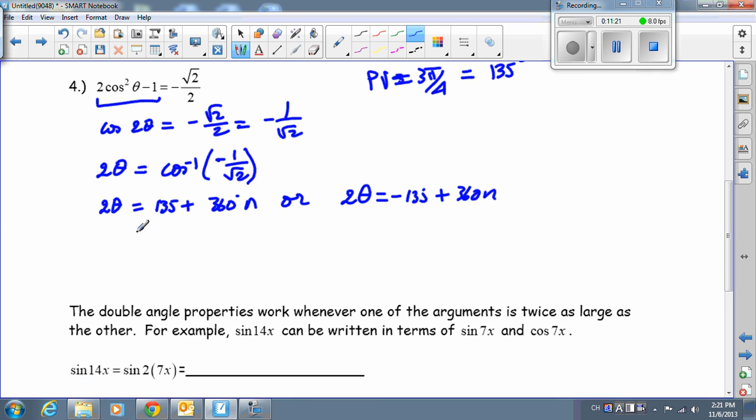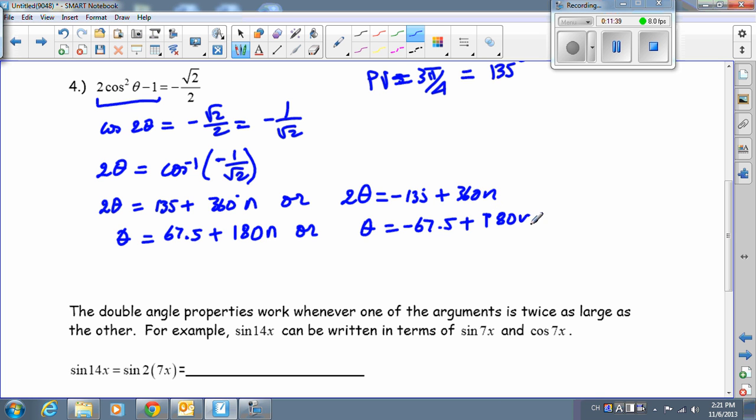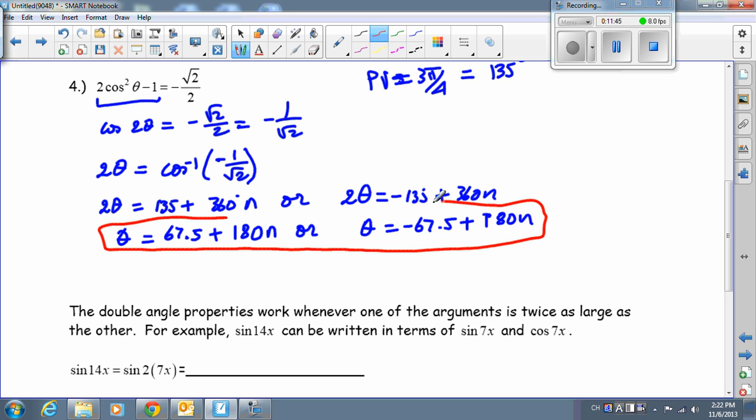On the left side, I will end up with theta is equal to 67.5 plus 180 n, or theta is equal to negative 67.5 plus 180 n. That represents my general solution. And of course, this is just for A.